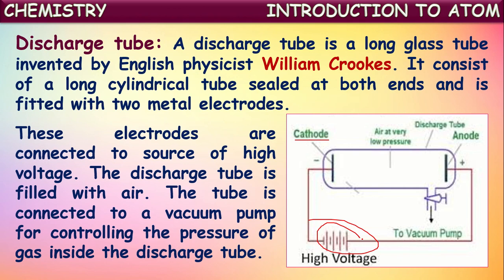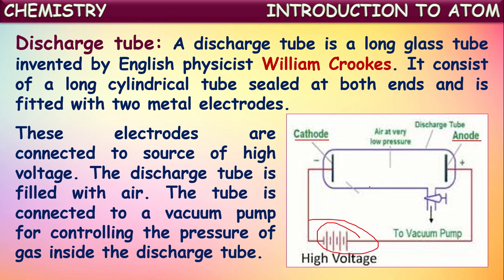And the metal electrode which is connected to the positive terminal of the high voltage electric source is called the anode. So in this way, into this hard cylindrical glass tube, two electrodes are introduced and this glass tube is closed at both the ends.